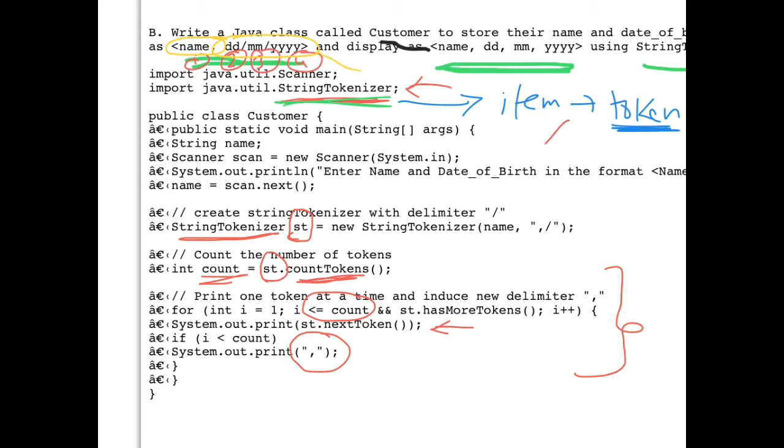This input should be converted and presented in the form of commas. So there are 1, 2, 3 and then 4 tokens. These 4 tokens have to be printed in this format. So this is your program number 2B.